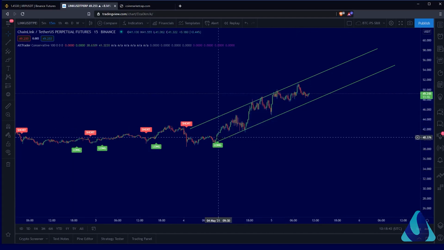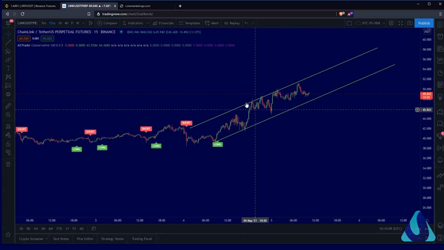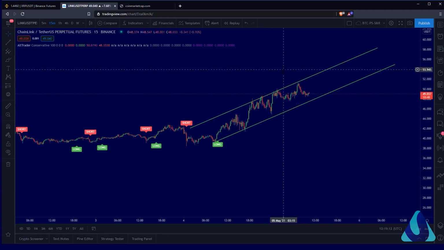So you could have essentially drawn, let's say we're working from this area here and you came into this long, maybe this would be a point that you'd sell in case it breaks through this line, or you may want to sell and see whether or not the next candle it stays above, in which case you could jump in here, ride it up to this point, 10% move in 2 hours. And this works both ways, whether there's an upward trend or a downward trend.